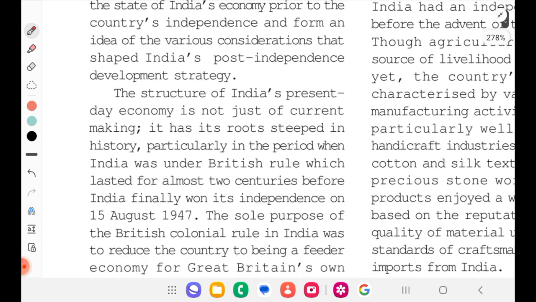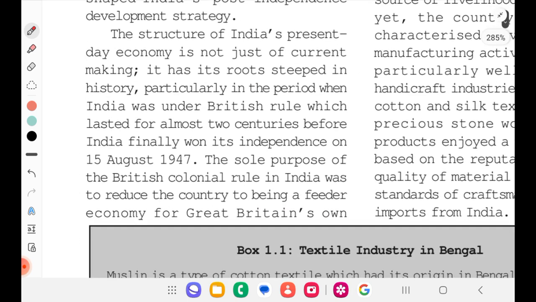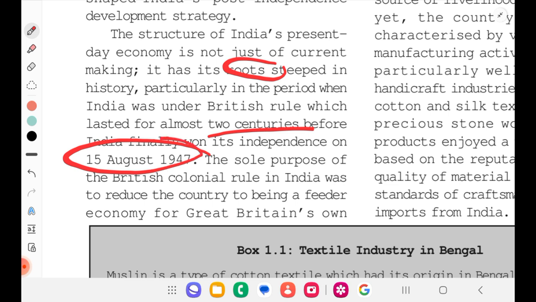The structure of India's present-day economy is not just of current making. It has its roots steeped in history, particularly in the period when India was under British rule, which lasted for almost 2 centuries before India finally won its independence on 15th August 1947.